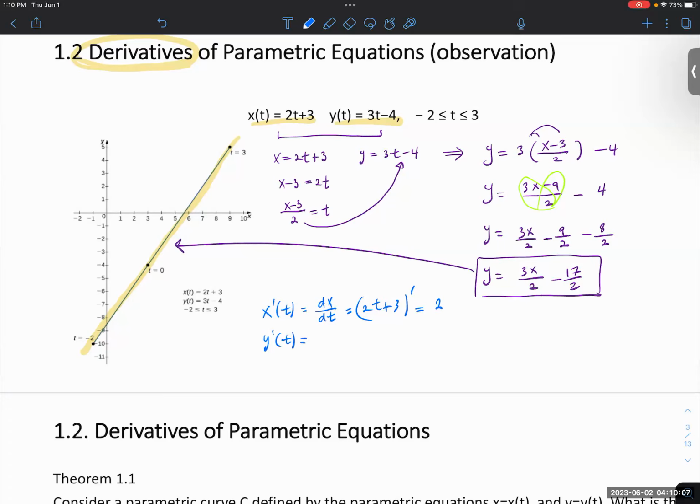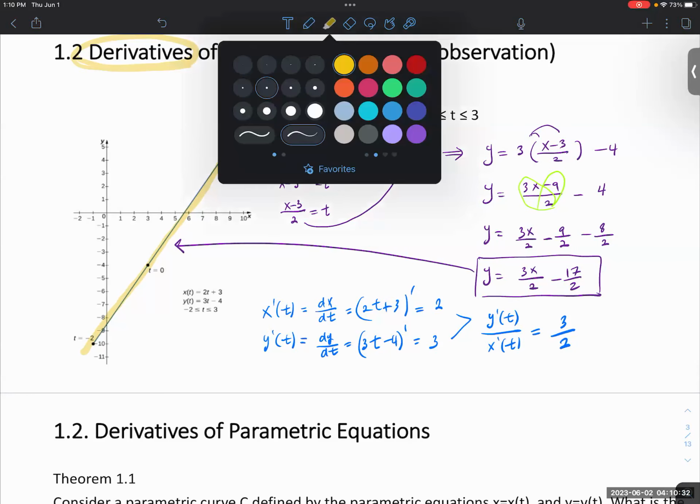Same thing, dy over dt. So we have 3t minus 4. You will get 3, correct? And then let's see, y prime of t over x prime of t from this observation. We got 3 over 2, because the 3 is y. So whoa, did you see that?